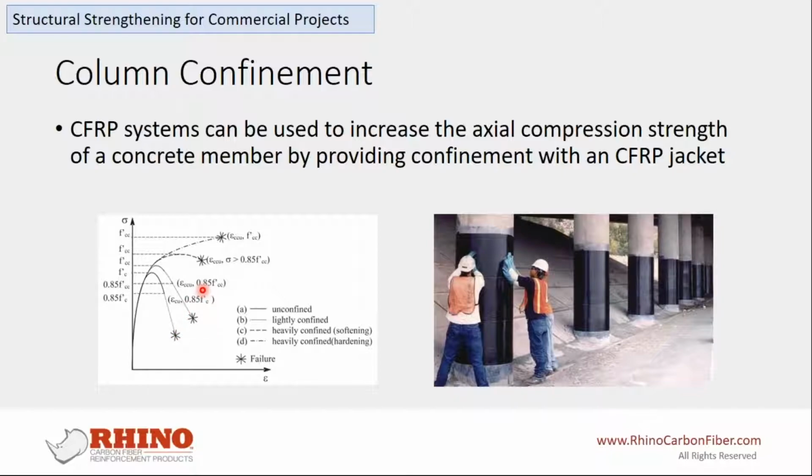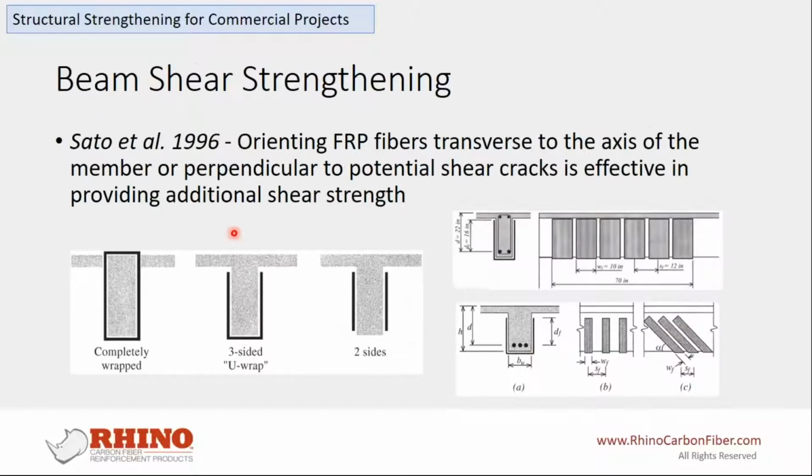For example, it alters the behavior from strength softening, which is the second line here, to strength hardening as you increase the layers of confinement. So consider the extra amount of strength gain after the confinement and how friendly it is to do the job. You literally just need to do the surface preparation and then apply the CFRP. So I guess that is why this became really popular.